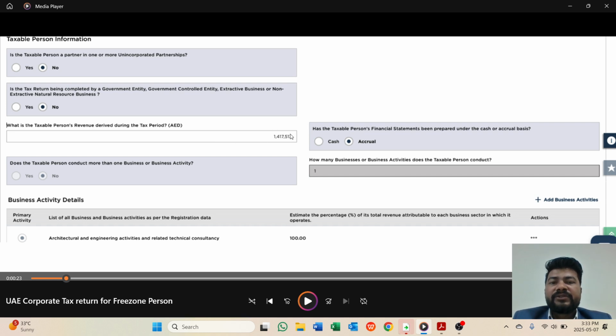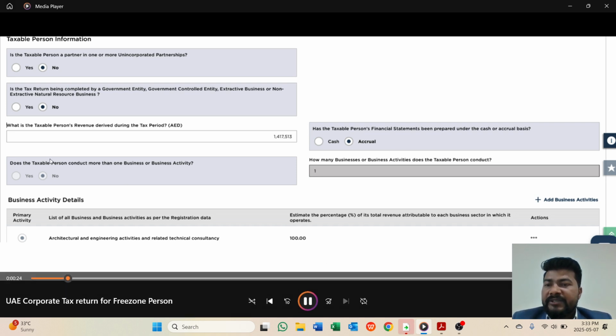This information comes from your audited financial statement, because to apply for qualifying free zone person status you must have your financial statement audited. That turnover figure goes here, and whichever basis you prepared your financial statement on, cash basis or accrual basis, you just select and move forward.